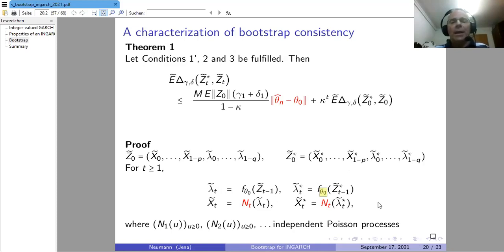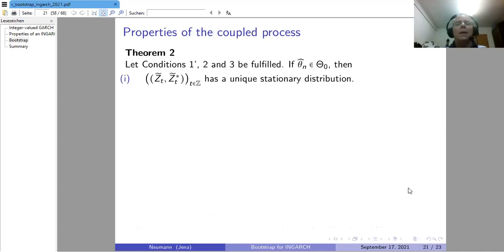And again, in order to define xt tilde and xt prime tilde, we use one and the same Poisson process, and this guarantees that the difference between xt tilde and xt prime tilde is not too large. Okay, this is the basic idea.